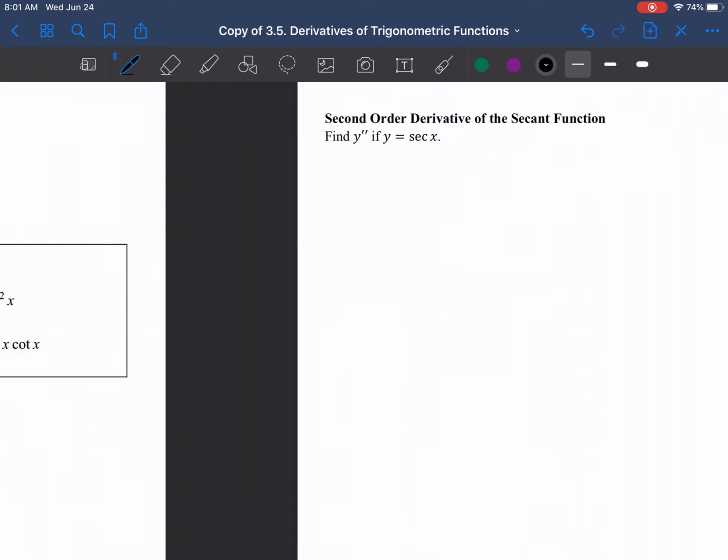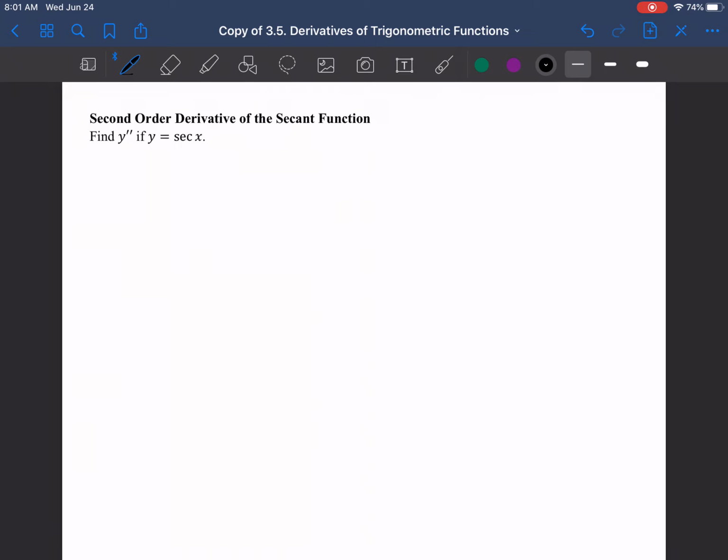Okay? Next, we want to find the second derivative of secant of x. All right, so we're going to start by doing the first derivative, y prime. Well, the derivative of secant is secant tangent. And now we have to do a derivative of a product. So the second derivative is going to be, we'll call this the first one and this the second one, the derivative of the first function.